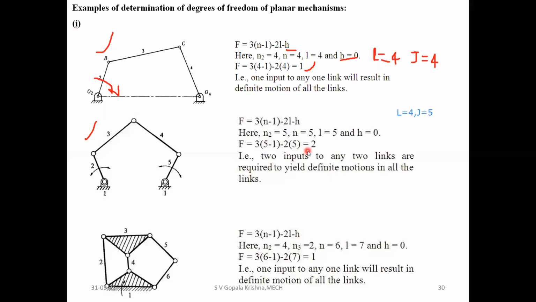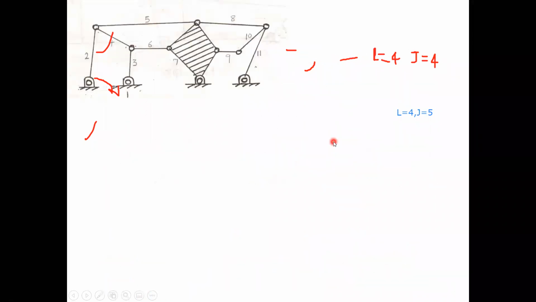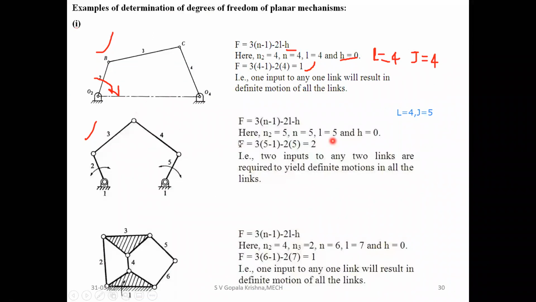So that means the mechanism will have 2 degrees of freedom. When we have 2 degrees of freedom, 2 types of mechanisms will happen here.